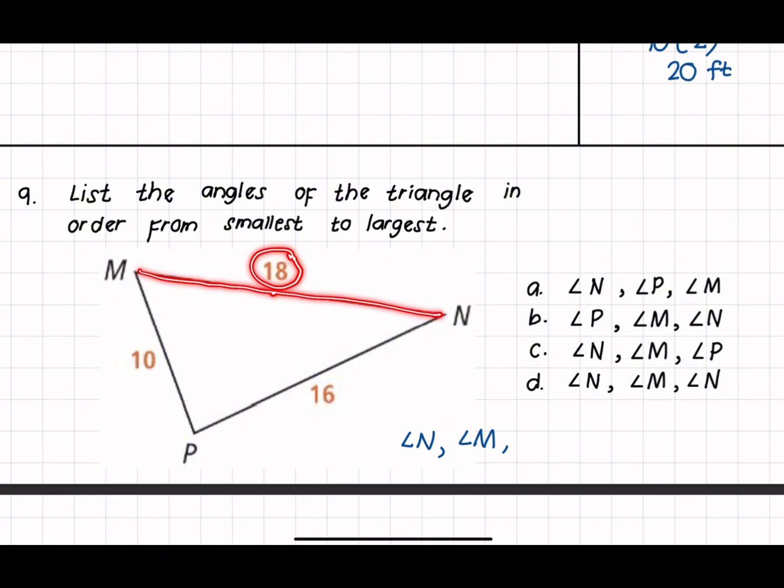This side is opposite of angle P. Since this side is the longest, the angle opposite is the largest, which is angle P. So from smallest to largest, we have angle N, angle M, and angle P, which is letter C.